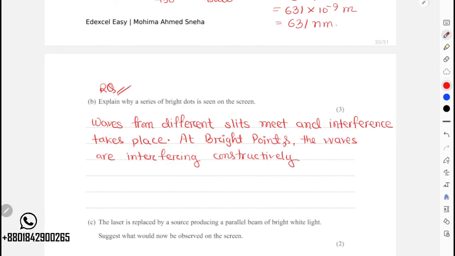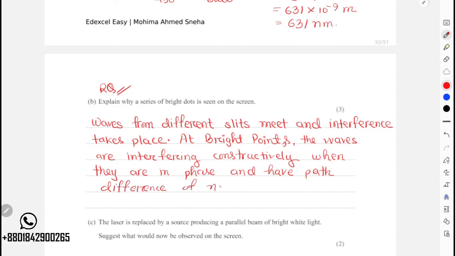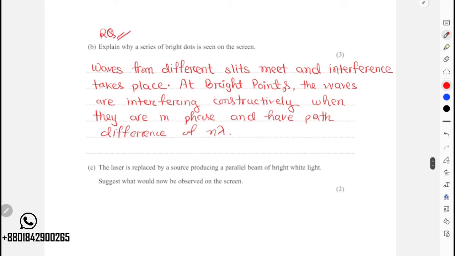The waves are interfering constructively at bright points. The waves are interfering constructively when they are in phase and have a path difference of n lambda. Okay, that is the final answer.